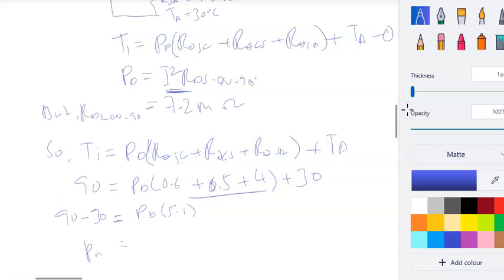So PD here is equal to 11.65 watt. Actually this is your PD max, you can label it here as PD max. Why is it PD max?